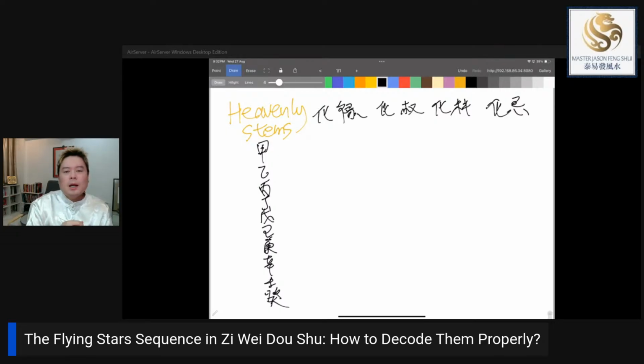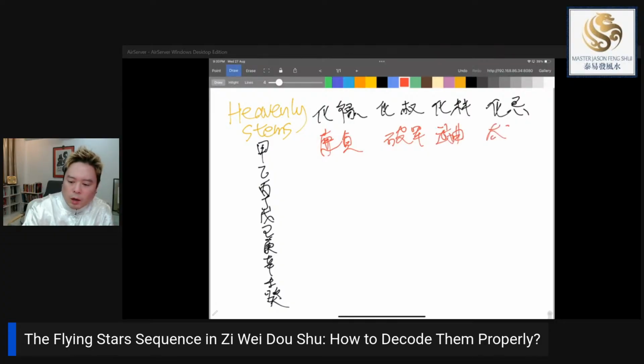So the flying star sequence works in such a way that when you have a Jia heavenly stem at a particular domain, the Lianzhen star will have Hua Lu, the Po Jun will have Hua Quan, the Wu Qu will have Hua Ke, and the Taiyang will have Hua Ji.